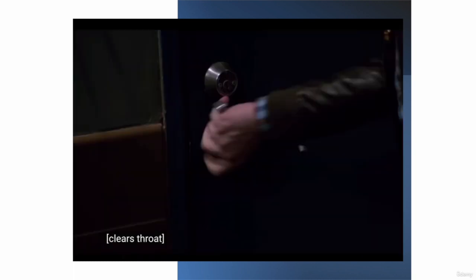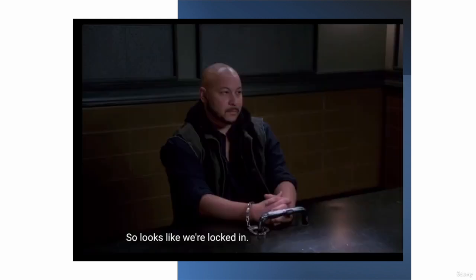This is a caption for the picture. Is in the present simple tense. So, looks like we're locked in. Once again, the subject of the sentence is not indicated.